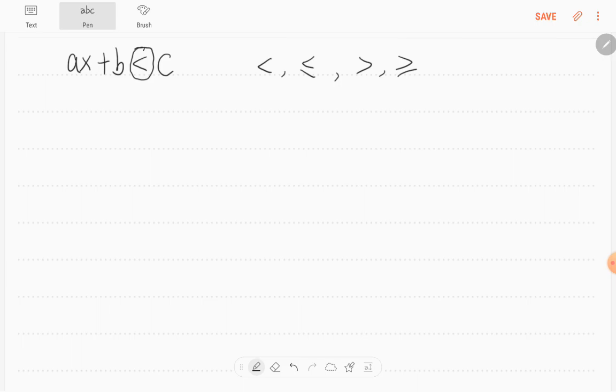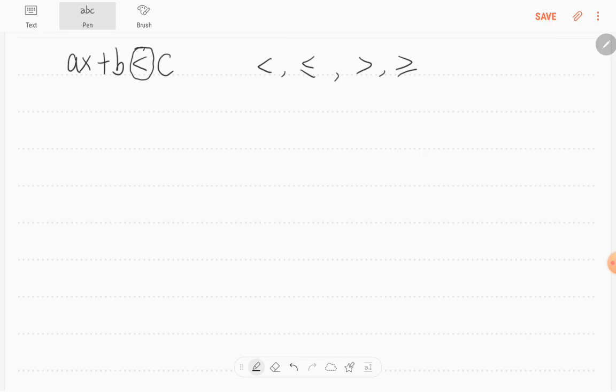So we want to solve this linear inequality for x. In other words, we still want to isolate x. The idea is very similar to the linear equation. We can subtract or add a constant on both sides, and it will not change the inequality.